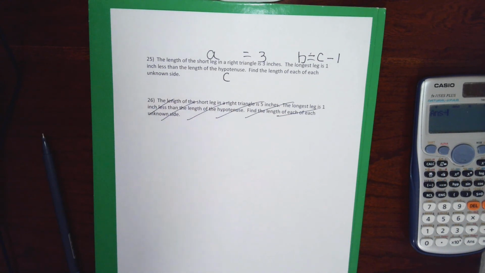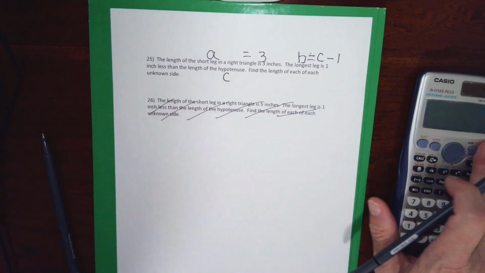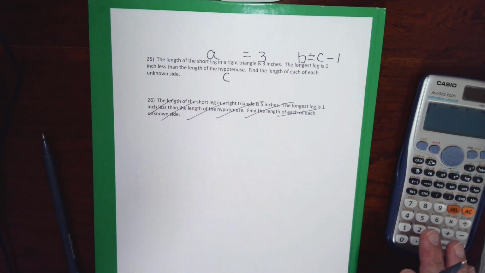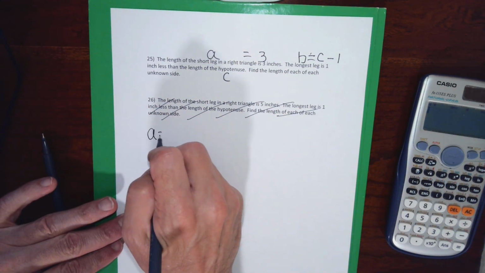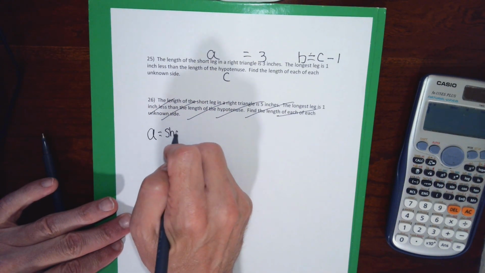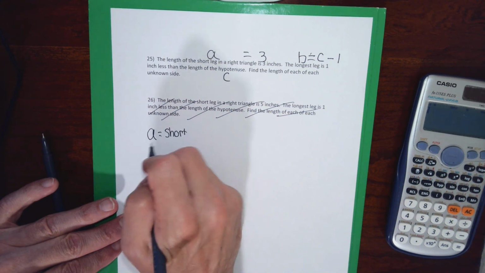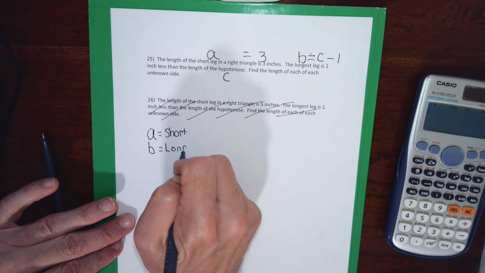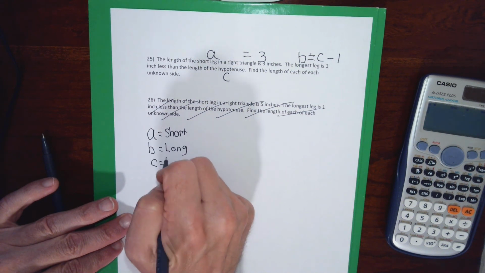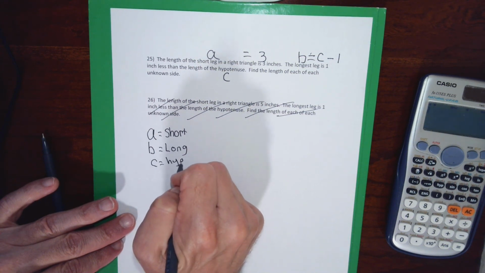So first sentence, simple. Short leg is 3, A equals 3. Second sentence, long leg B is 1 less than the hypotenuse. So again, I'm using A is the short leg, B is the long leg, and C is the hypotenuse.